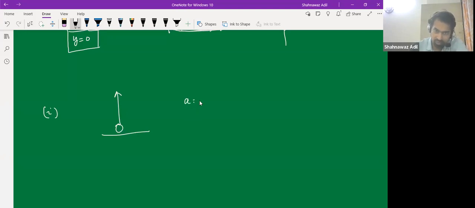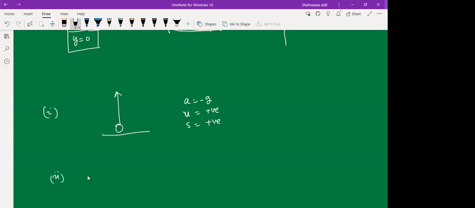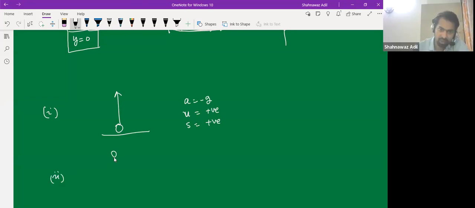Your a would be minus g, u would be, or velocity would be positive, s would be positive, right? Yes, sir. In the second case, let's say the body is falling down, so everything would be positive, right? Yes, sir.